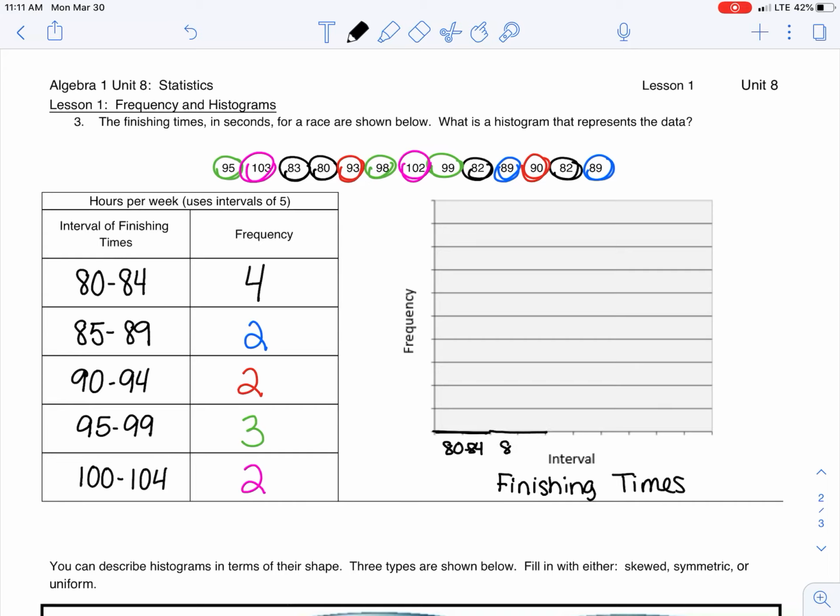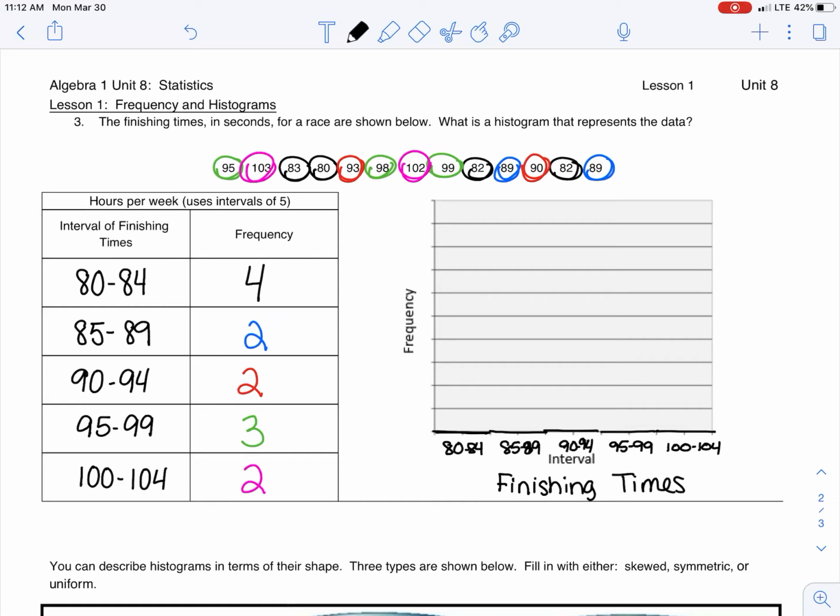Then we have 85 to 89. Then we have 90 to 94, 95 to 99, and 100 to 104.